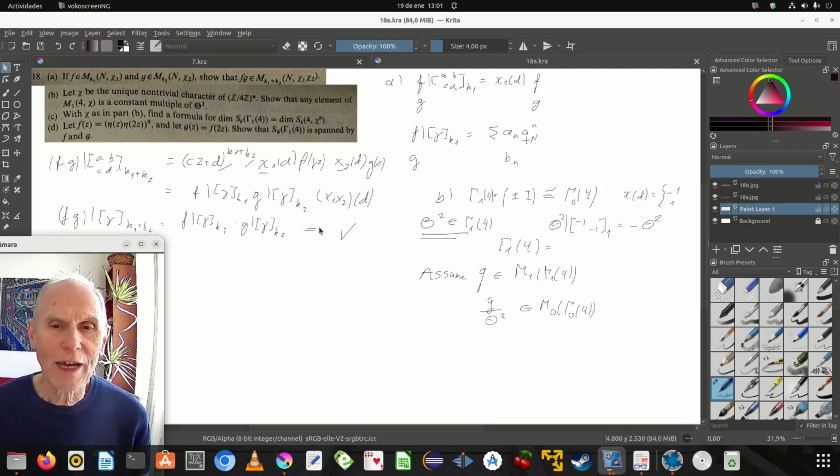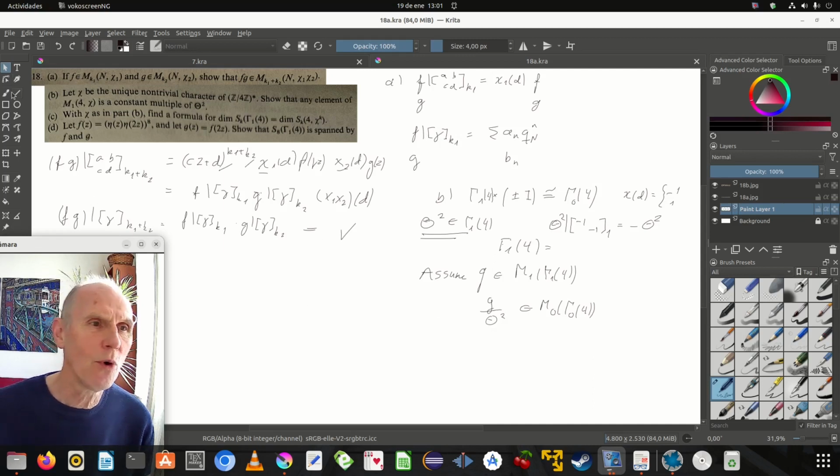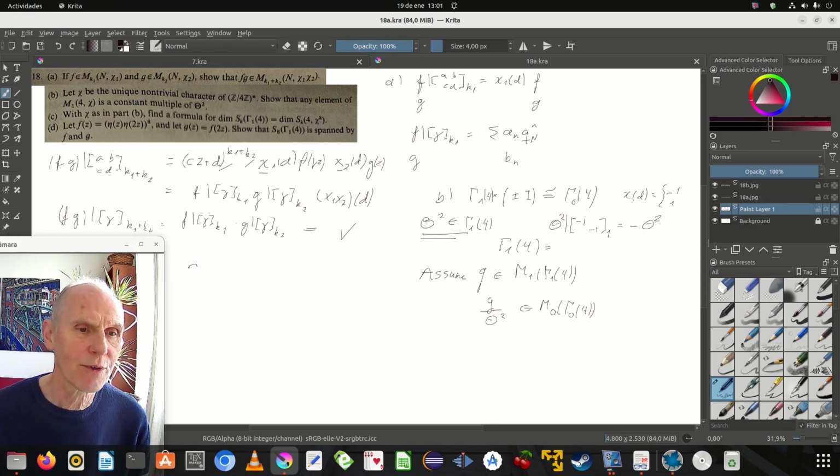But before looking at it, I thought, well, let's look at the expansion of Q4 at 1/2, or theta to the 4th, at 1/2.